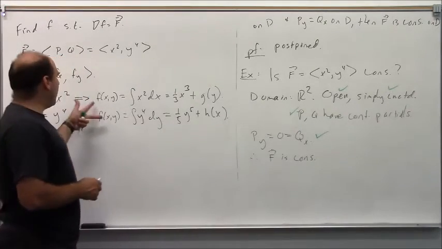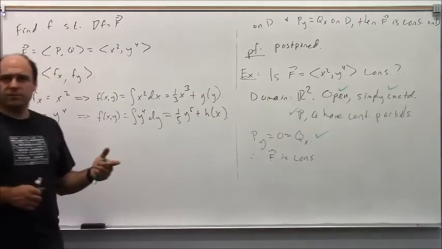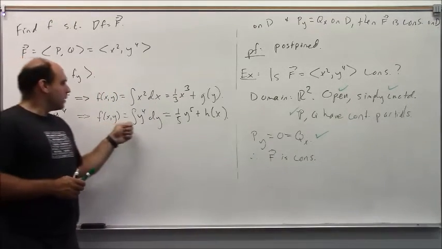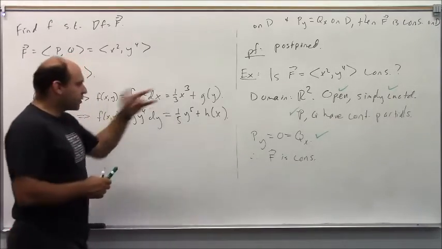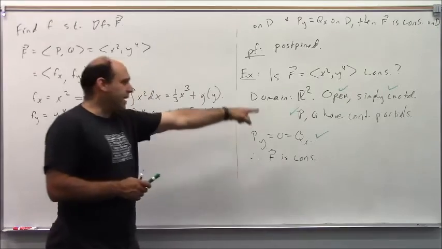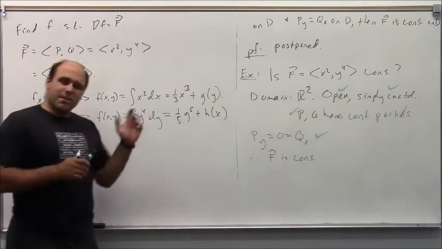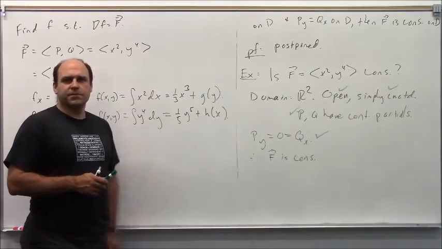Okay, so both of these are supposed to be the same f. They don't look the same at all, though, right? But they have to look like this, and they have to exist because I know that my vector field is conservative. It passed the test for conservatism. So somehow these have to be the same function.